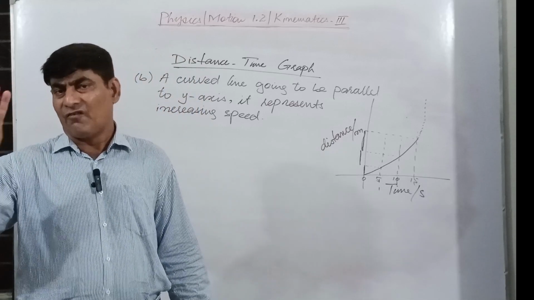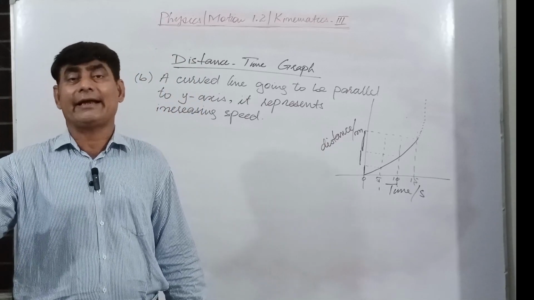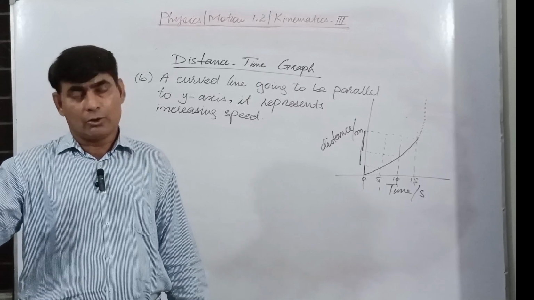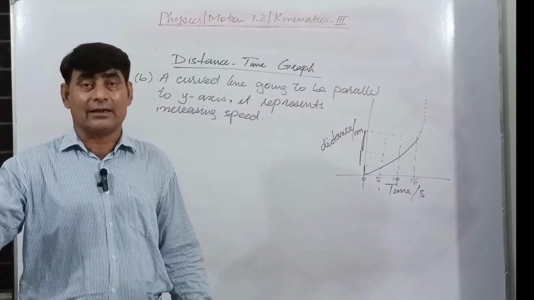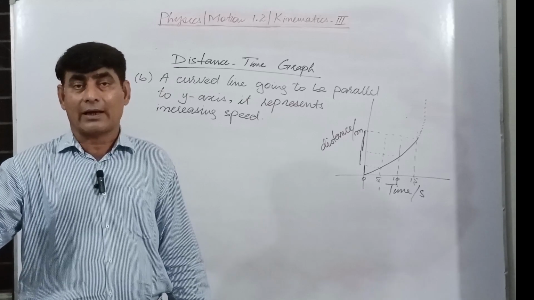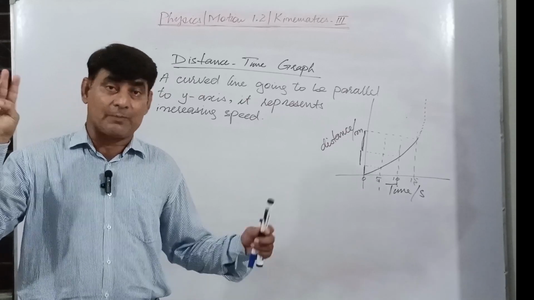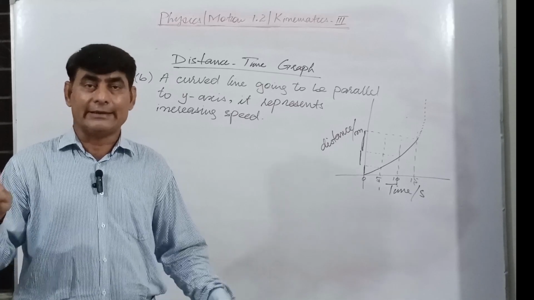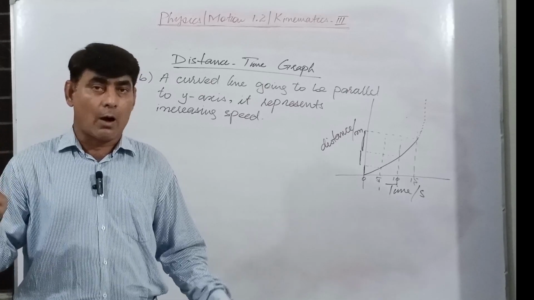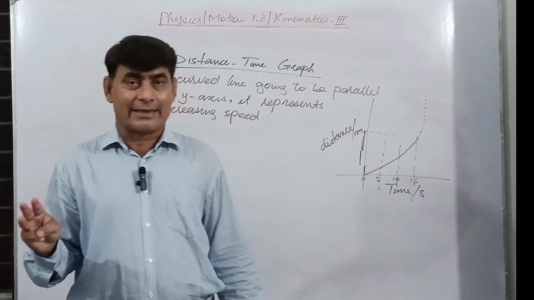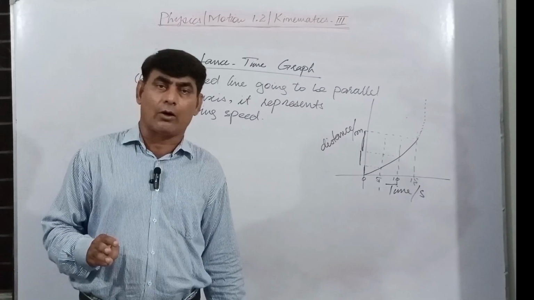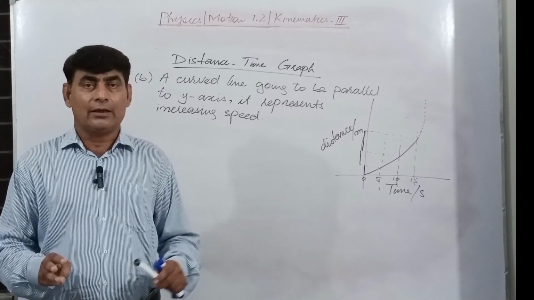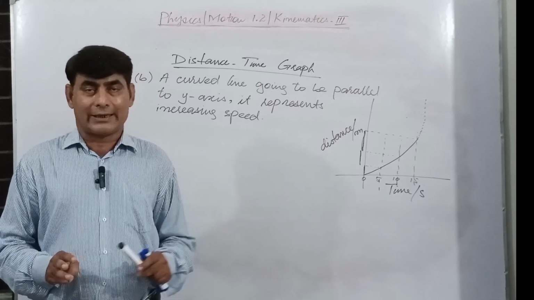Point number 3, the gradient of a line, if it is straight, or the gradient at a specific point on a curved line, represents speed.